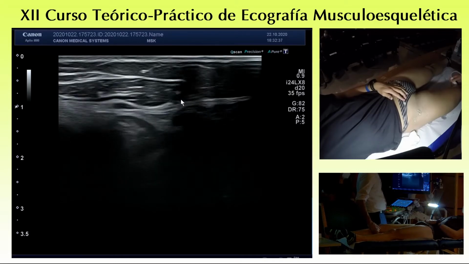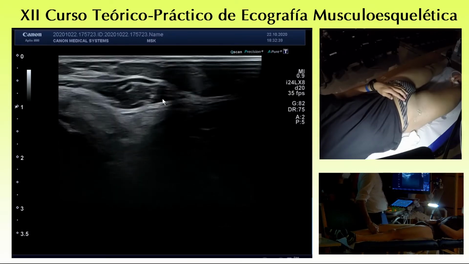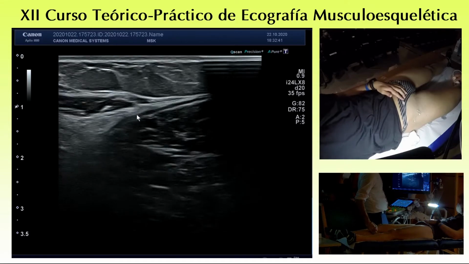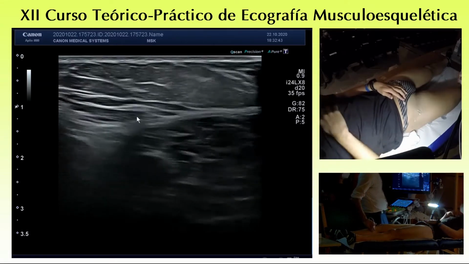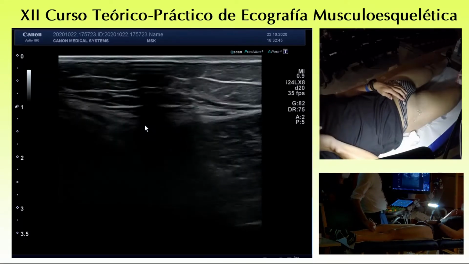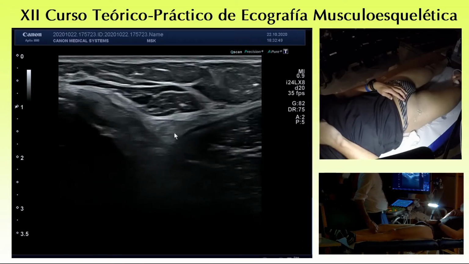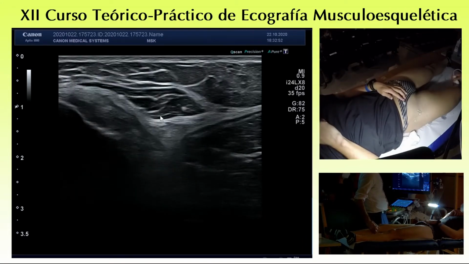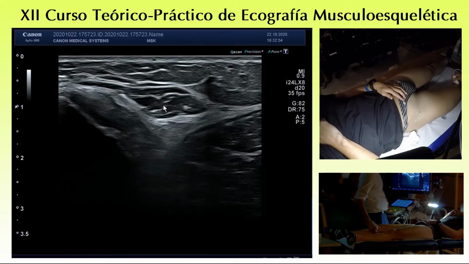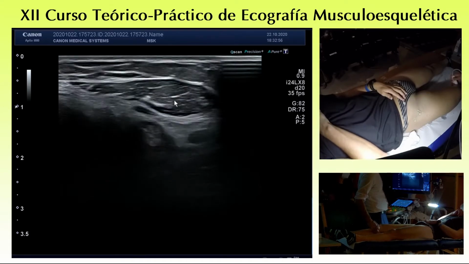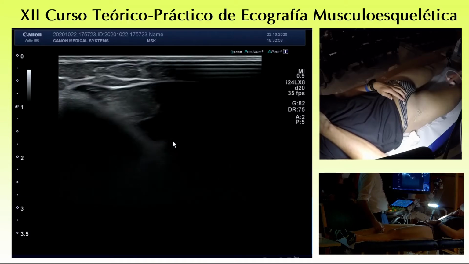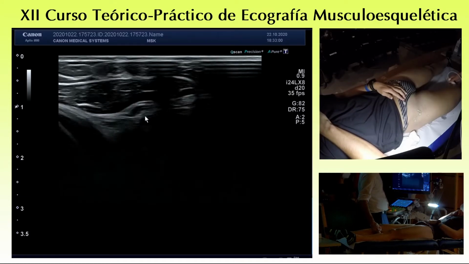This is the sartorius here, just before becoming a tendon. You see, these are the different components of the pes anserinus. This is the sartorius. This is the gracilis.